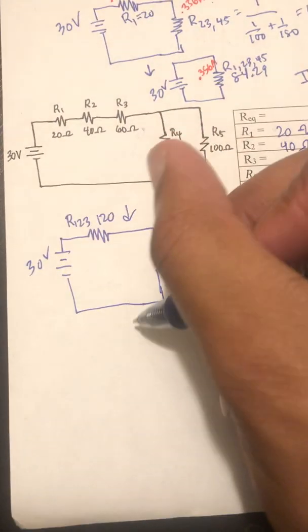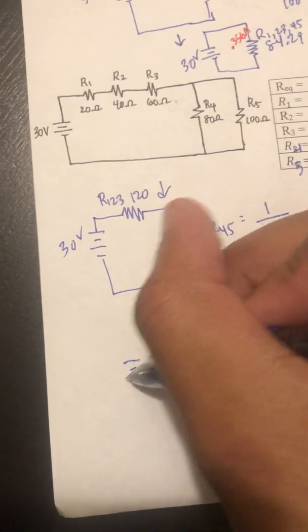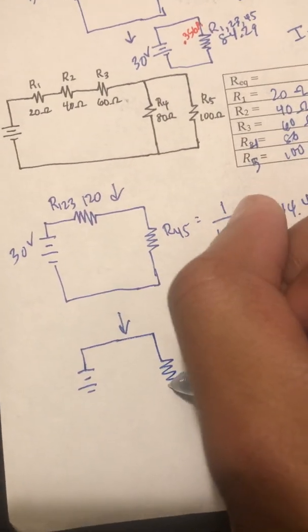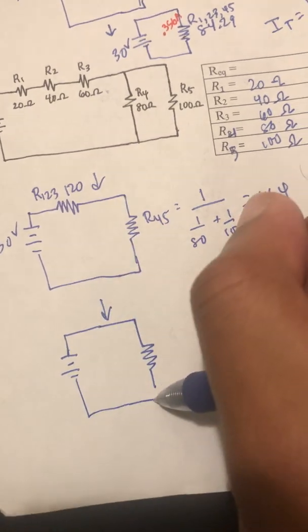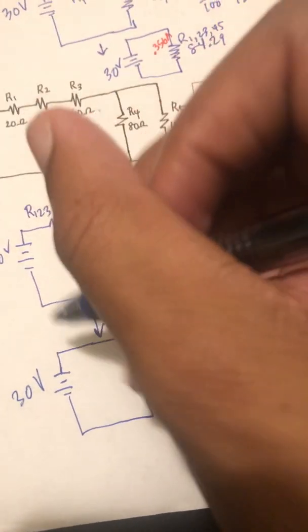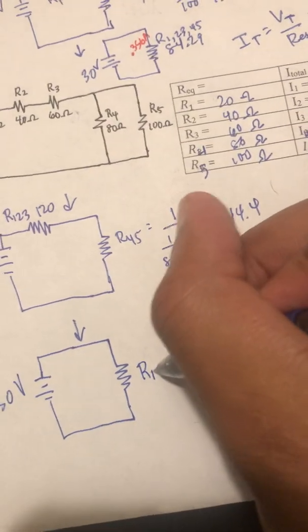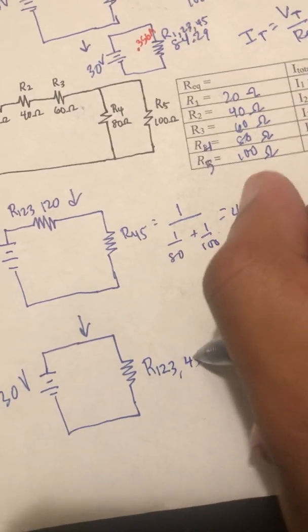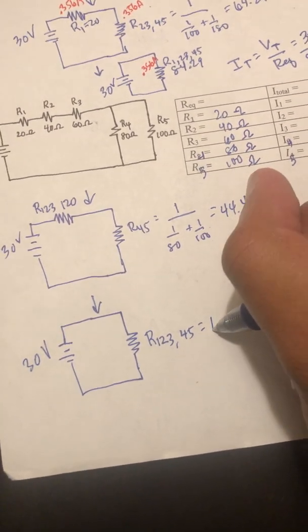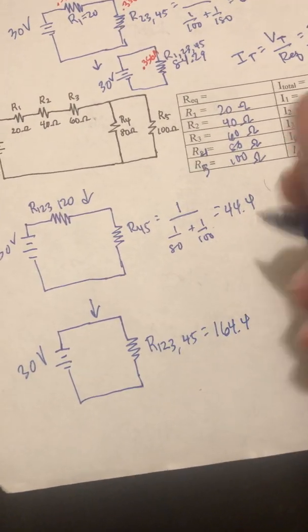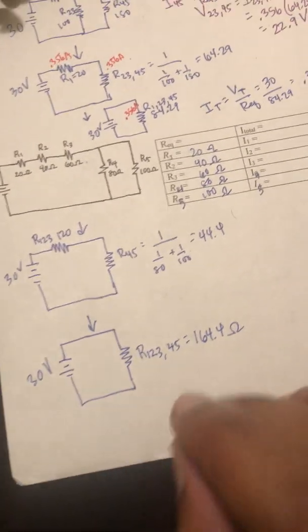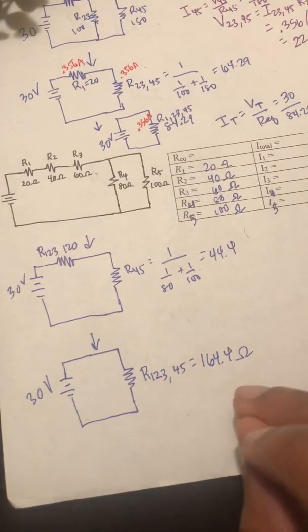Simplify this again. They're in series, so I just add those up. So this is going to be R123,45, which is 120 plus 44.4, which will be 164.4 ohms. All right. So my equivalent resistance is 164.4.